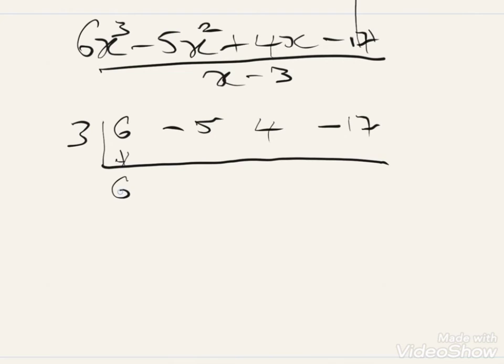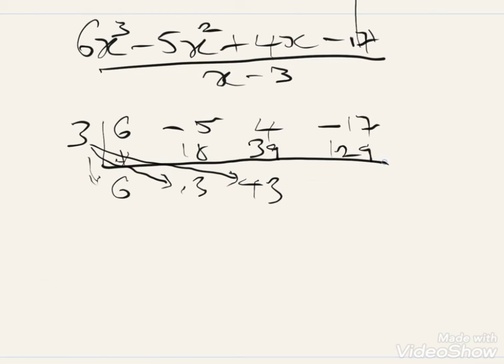The first term, bring down 6 here, multiply 3 and 6 to have 18. Sum up minus 5 and 18 to have 13. Multiply 3 and 13 to have 39. Sum up 4 and 39 to have 43. Multiply 3 and 43 to have 129. Sum up minus 17 and 129 to have 112.